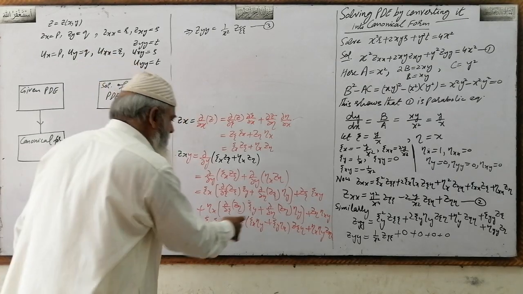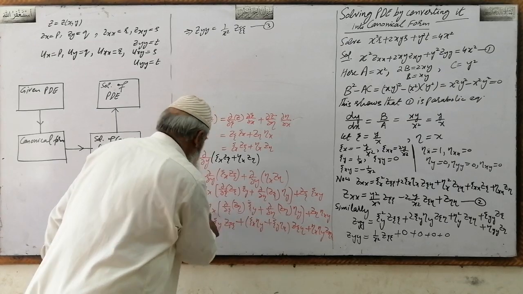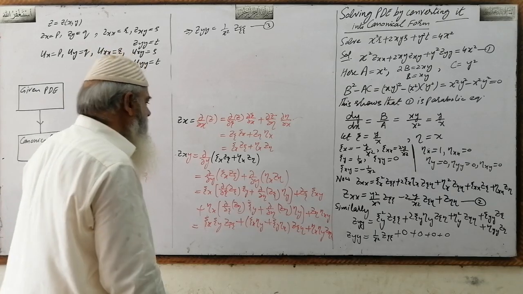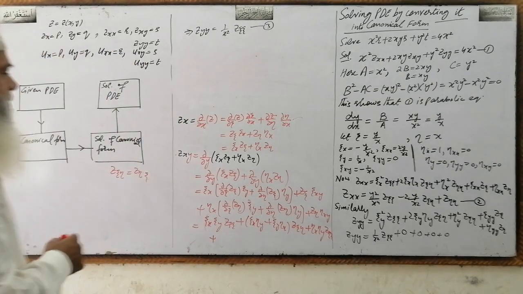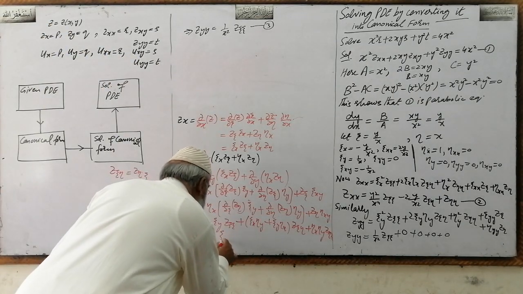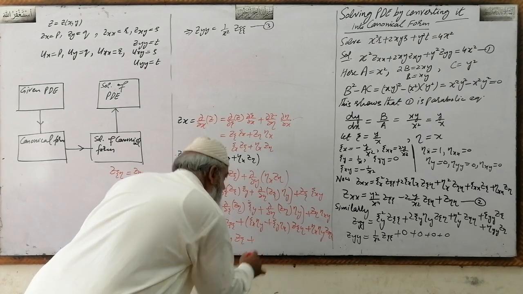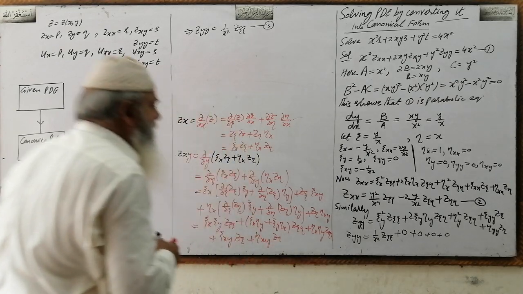This is obtained from here, ηx ηy into z double η, and finally we have plus ξxy zξ plus ηxy zη.